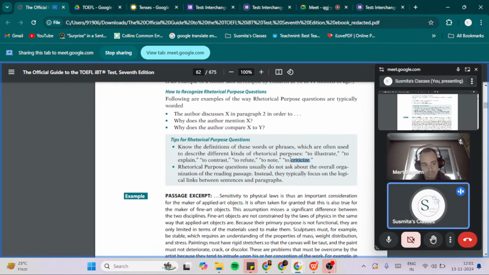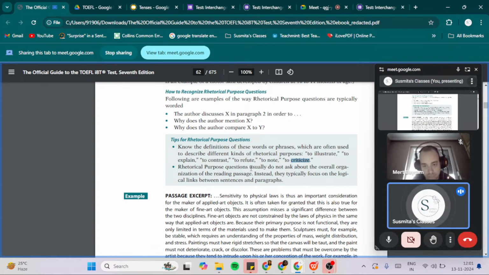But when we do the question, you might see that they would give options by saying to criticize, to illustrate, right? That means to explain something, right? To explain, it's given already. To contrast, that means to show the differences. Then comes to refute, to note, and to criticize. So you should know the meanings of these words also.